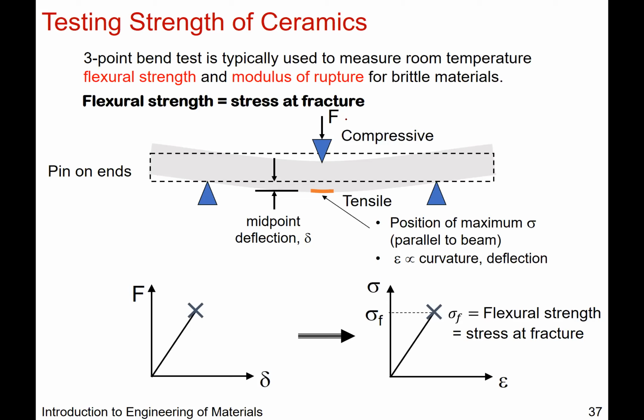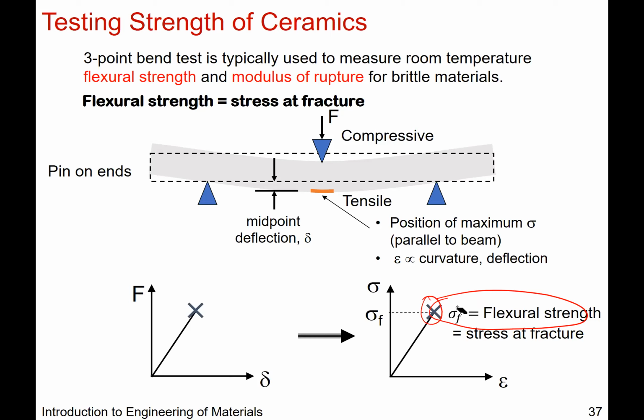So we talk about the stress at fracture within these materials. You may have seen this diagram in your statics course where you can do a 3-point bend test or 4-point bend test, right, and get out the flexural strength, or the sigma sub F, as you see here. What typically happens is they'll fracture well before any ductility happens, right?